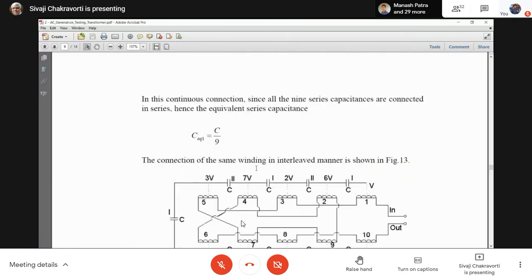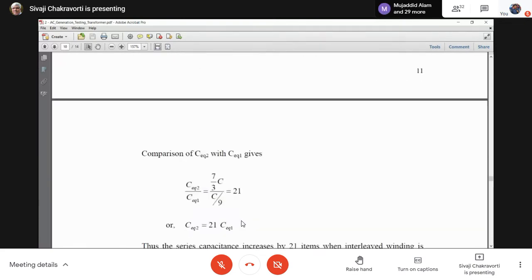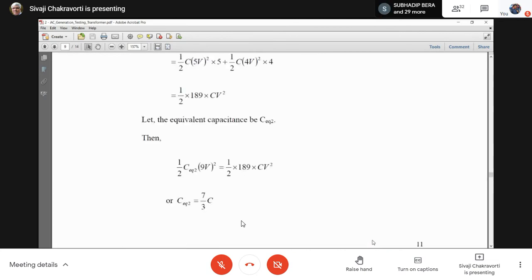Previously, this C equivalent was C by 9, and this is series capacitance. So you can see how much it has increased. In the second case C equivalent 2, first case C equivalent 1. If I take a ratio, it is 21. That means series capacitance has increased by 21 times for the same dimension.